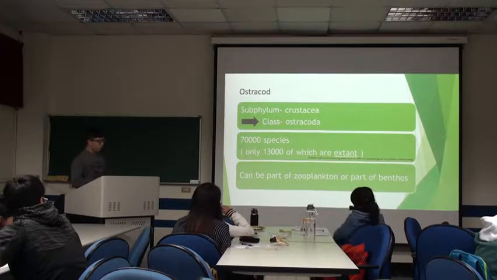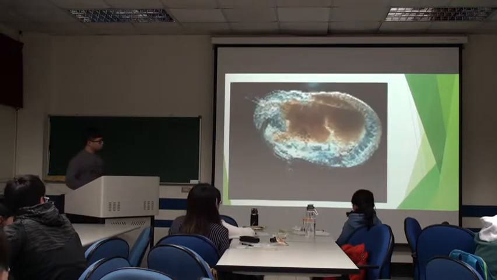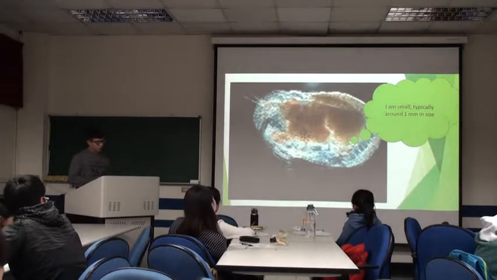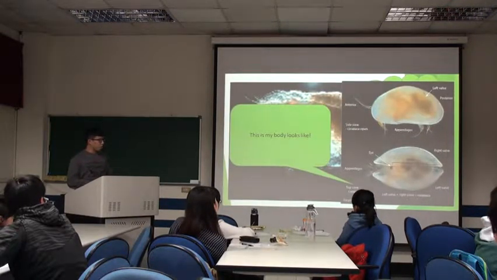Extant means something very old but still existing. Ostracods are very small, typically around 1 millimeter in size. Their bodies are flattened from side to side, protected by a chitinous or calcareous shield.